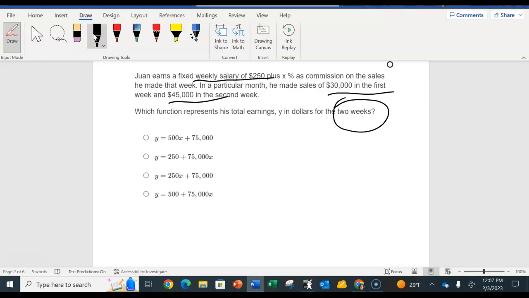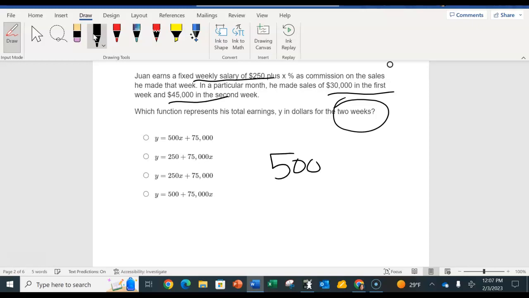All right, so if he has a fixed weekly salary of $250 each for 2 weeks would be $500. So you're going to start with $500. So if you're not careful, you would choose one of the 250s, but be aware that it's going to be $500 for 2 weeks, 250 plus 250.